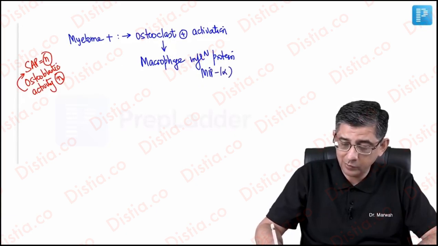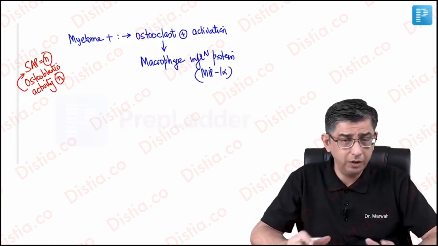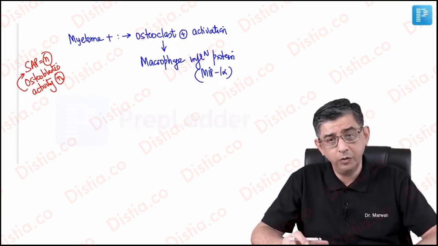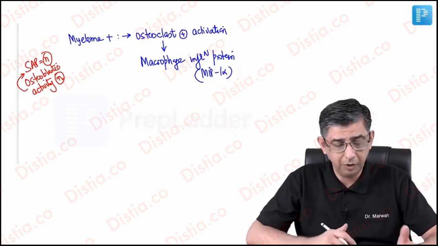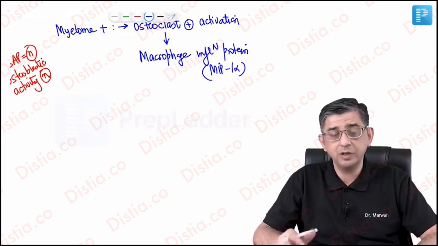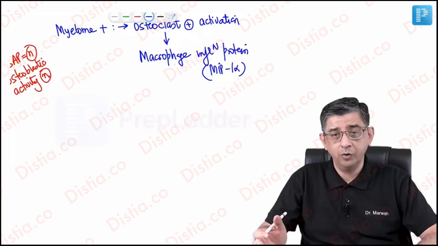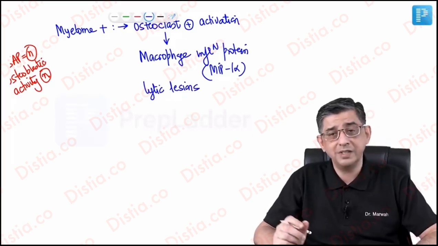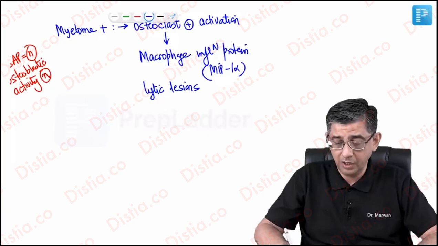And why it is important is because when I was a student your age, we mainly used to read about interleukin 6 being responsible, but currently you will notice that in the current edition of both the pathology books and medicine books, they talk about MIP-1 alpha, macrophage inflammatory protein, which is responsible for these lytic lesions, and also explains why bone pain is the commonest presentation in these patients.